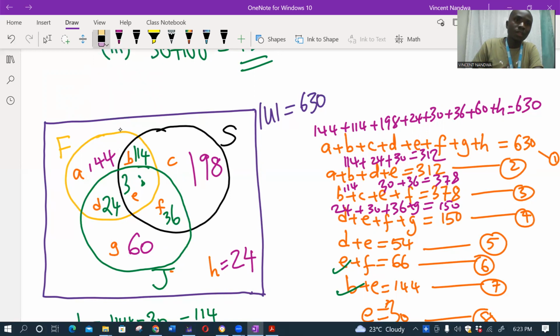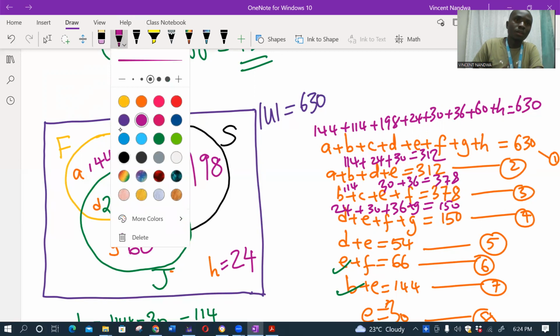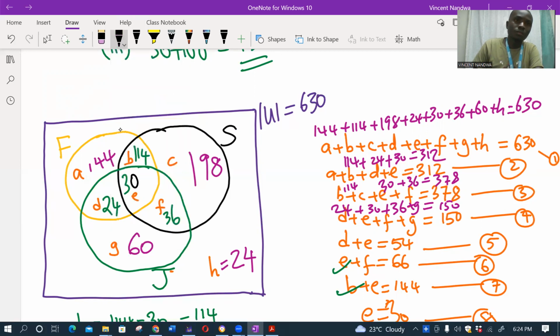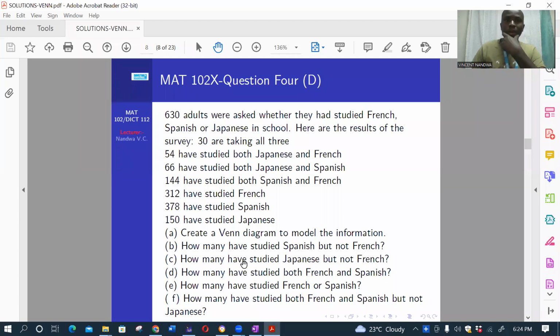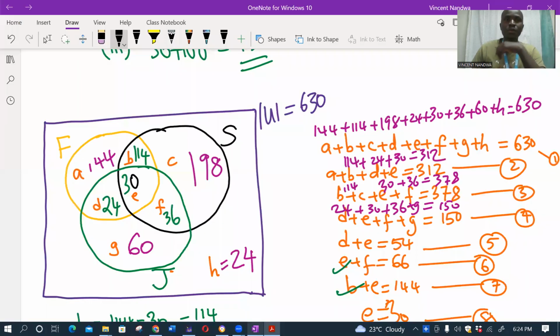So with the complete Venn diagram, we will now be able to respond to the preceding questions. So the question B, how many have studied Spanish but not French? So you are in S, but you'll not be counted to be in F. So to be in S so that you are not counted to be in F means you are in this section.